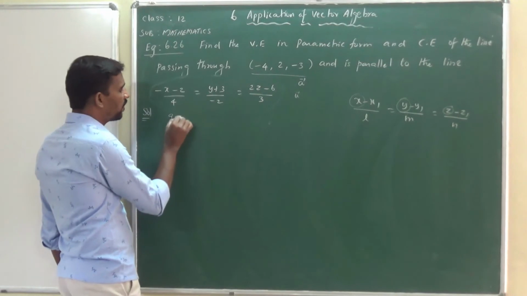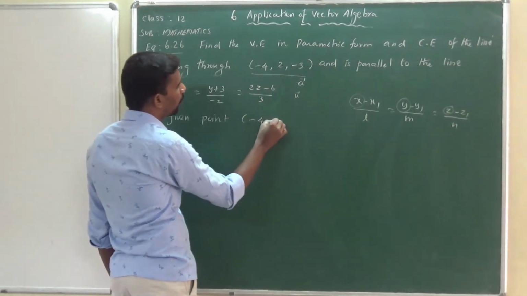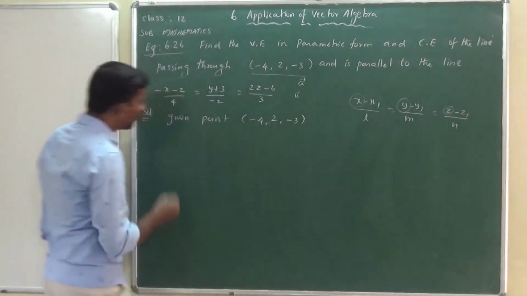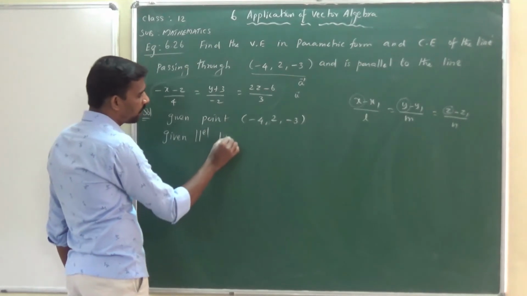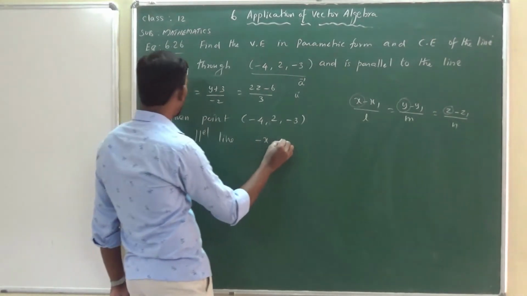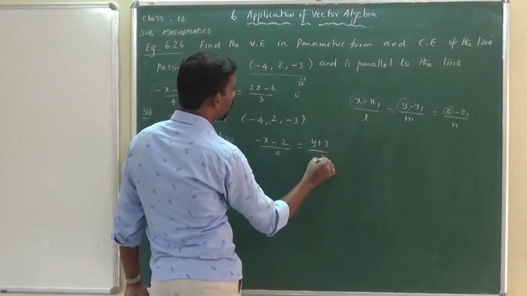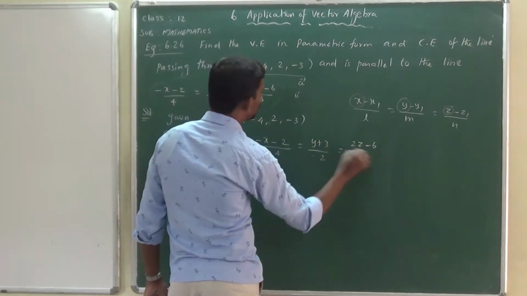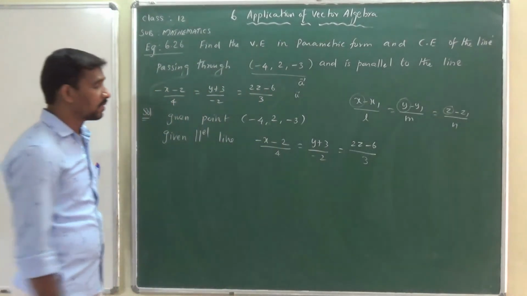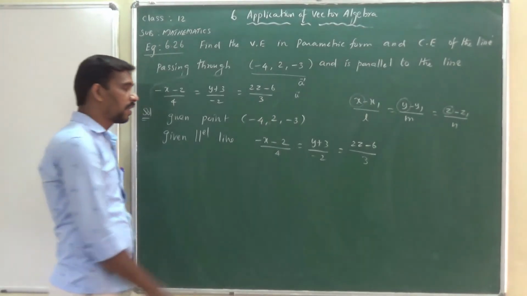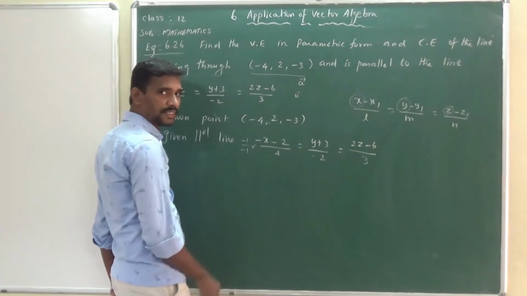First, the solution. The given point is minus 4, 2, minus 3, and the given parallel line is minus x minus 2 divided by 4, which is equal to y plus 3 divided by minus 2, and 2z minus 6 divided by 3, which is not in standard form. To make it standard form, multiply both numerator as well as denominator by minus 1.